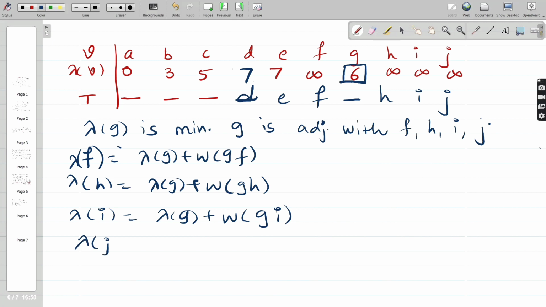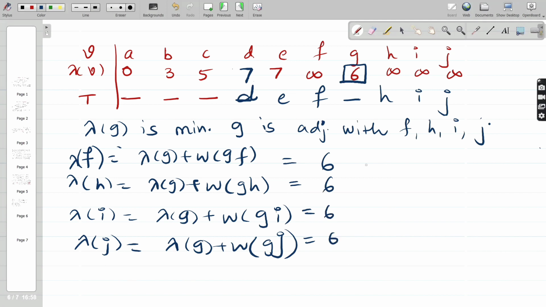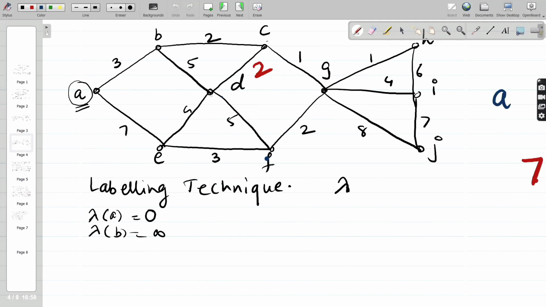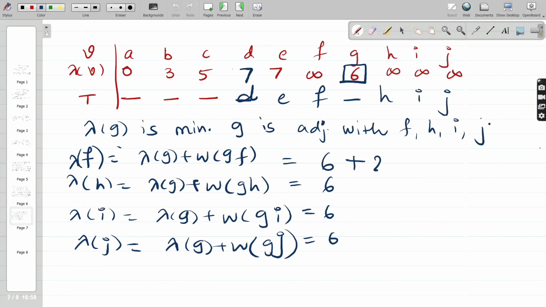And lambda J is equal to lambda G plus weight of GJ. Lambda G is 6, and the weights are 2, 1, 4, 8. So all these are less than infinity.